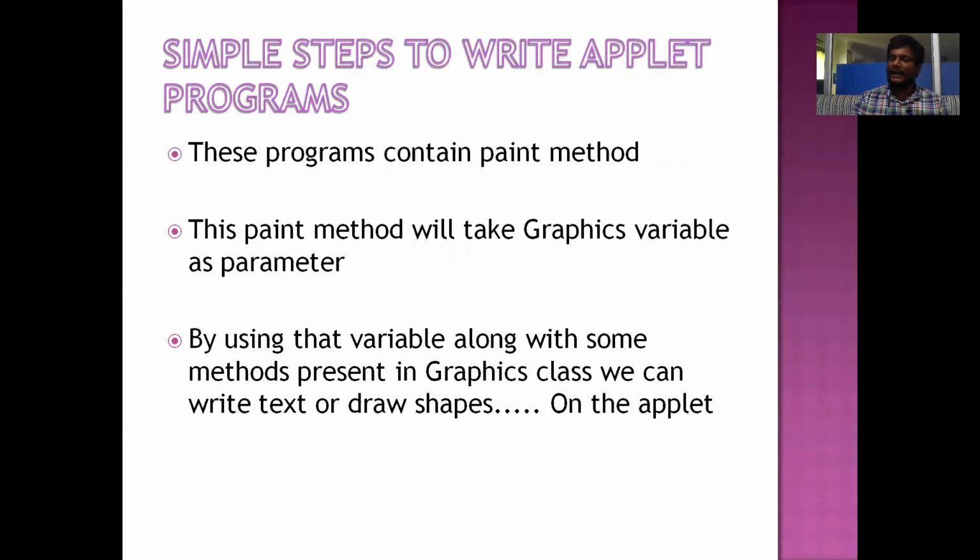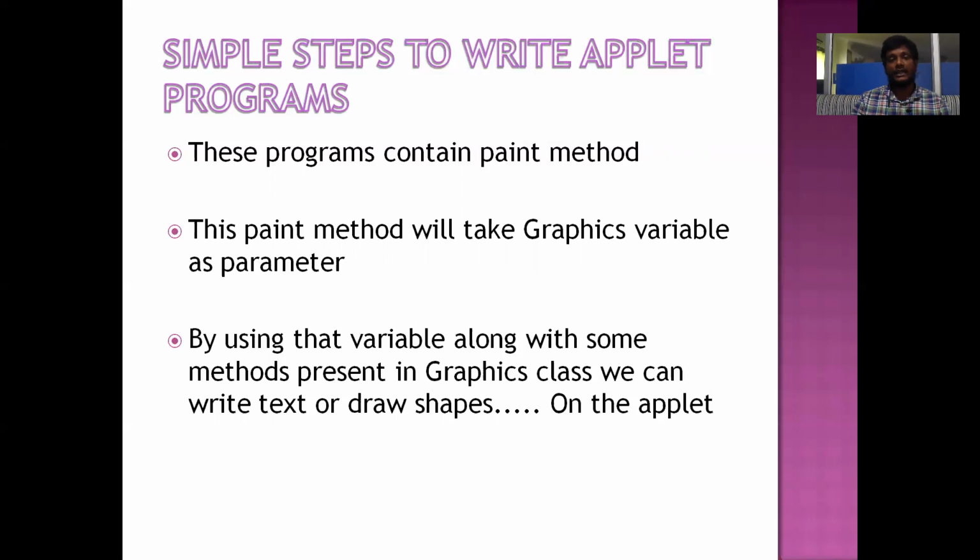So while writing the paint method, we have to provide a graphics class variable as a parameter. See the third point: by using that variable along with some methods present in the graphics class.